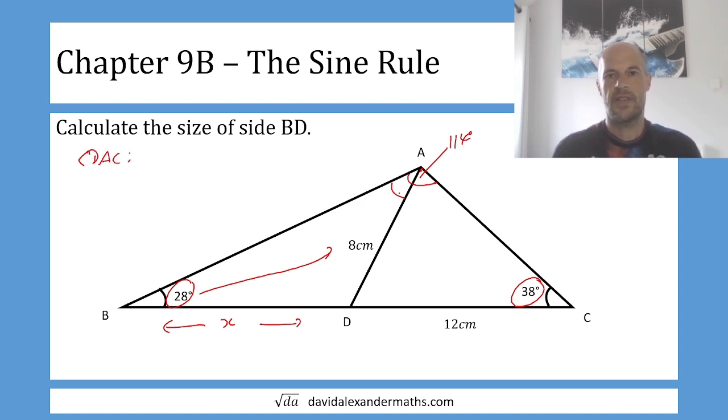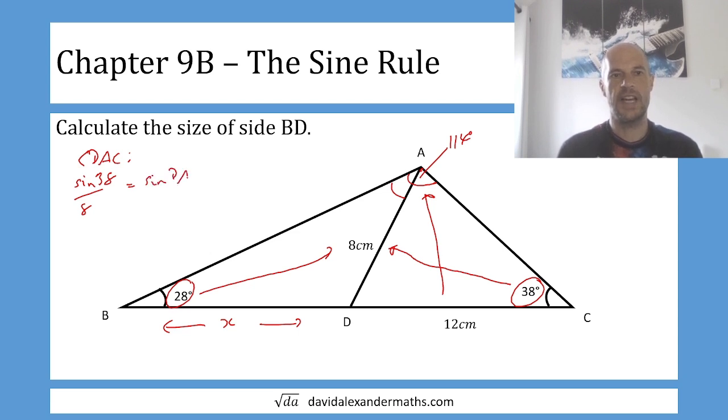That is opposite the 12 centimeters, so I can use the sine rule. I've got 38 degrees opposite an 8, and this angle is opposite the 12. Okay, so I'm going to use sine A over a equals sine B over b. So the sine of 38 divided by 8 is the sine of DAC over 12. Multiply both sides by 12, and that will give me the sine of DAC.